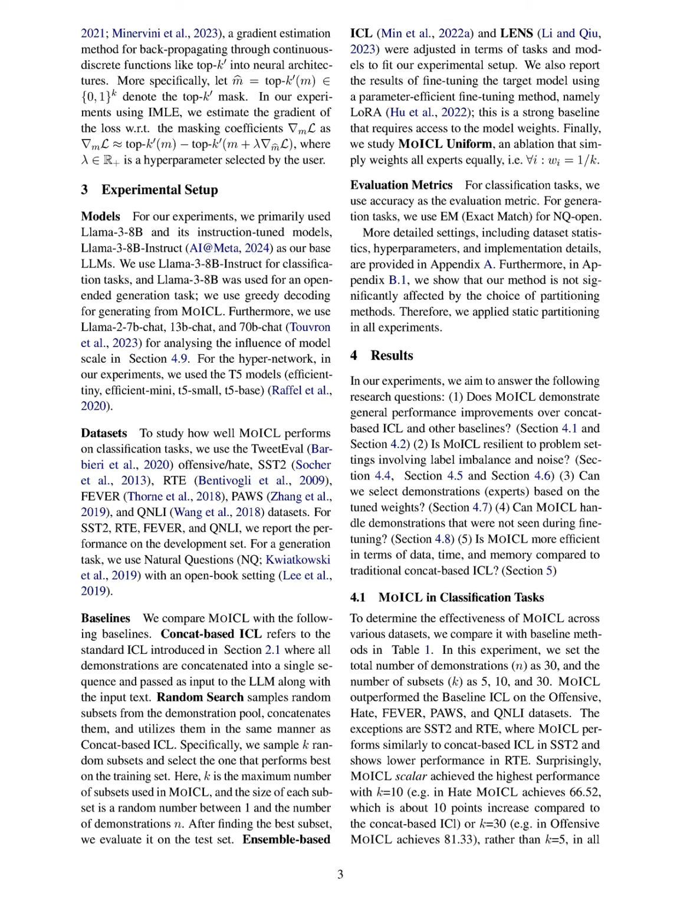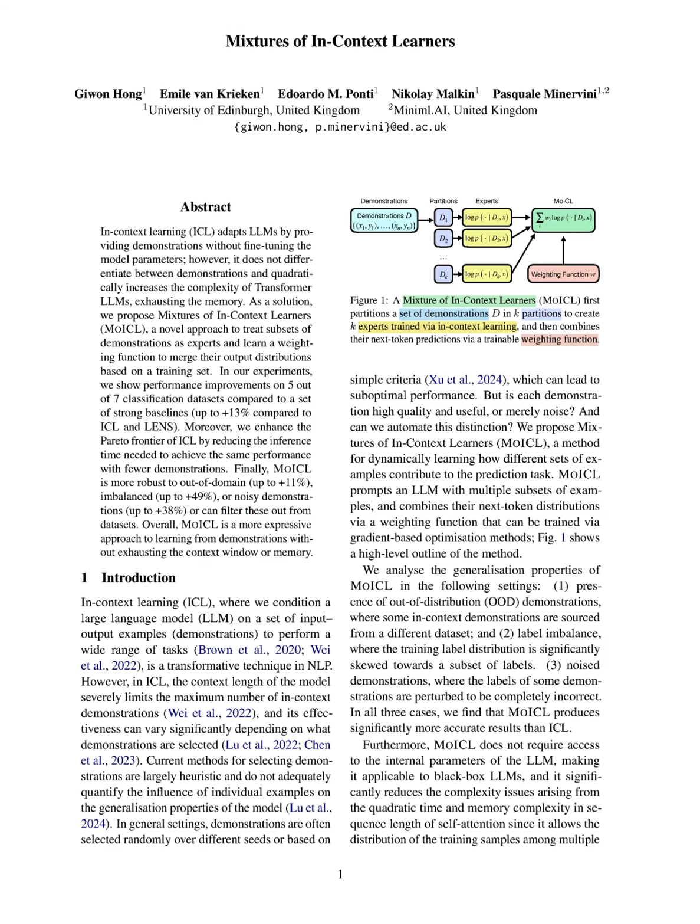MoICL was compared against several baseline methods, including concat-based ICL, random search, ensemble-based ICL, and a parameter-efficient fine-tuning method called LoRA. Results indicated that MoICL outperformed the baseline ICL methods on most datasets, particularly achieving significant accuracy improvements in tasks like hate and offensive, while also demonstrating resilience to noisy demonstrations and label imbalance.